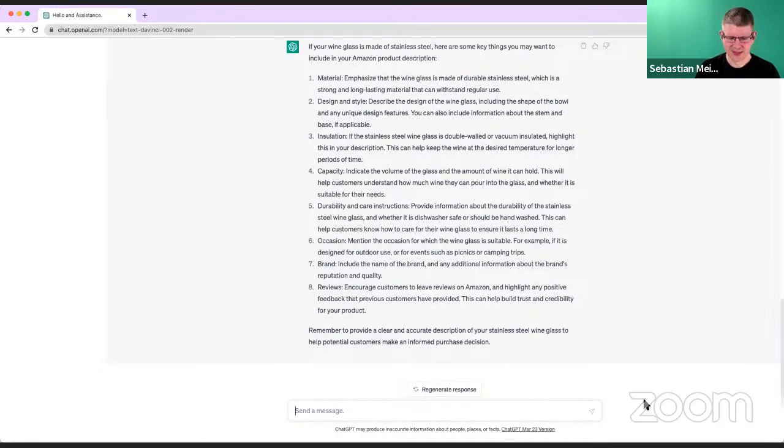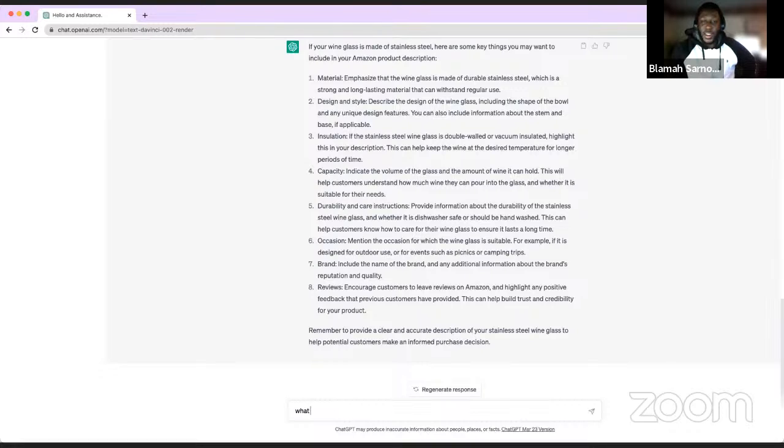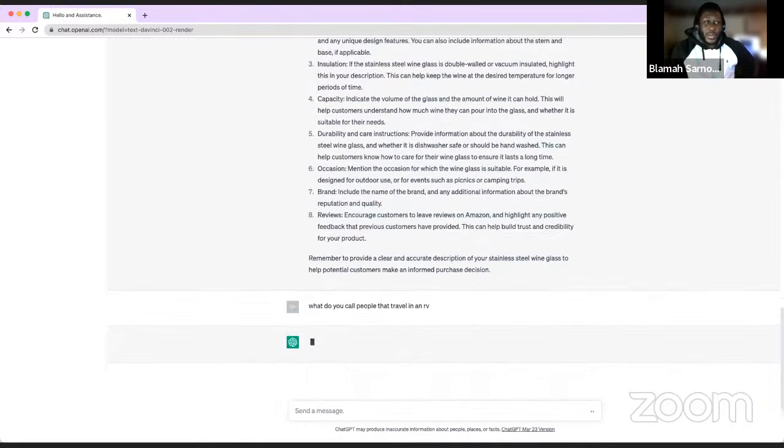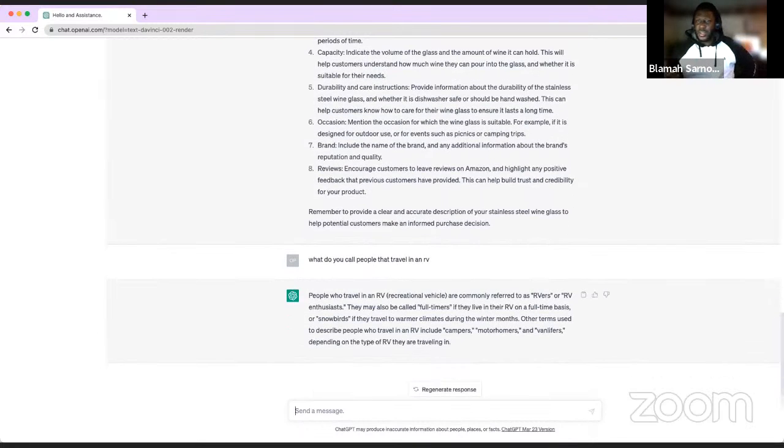Maybe they are adventure seekers. Yeah. Hikers. Travelers, cross-country travelers. Snowbirds. Not really. RV enthusiasts. Let's use that term.